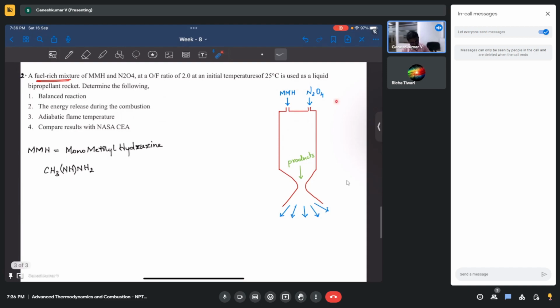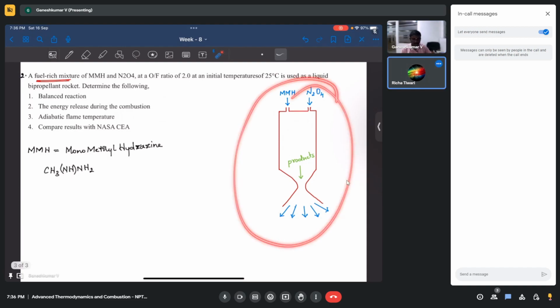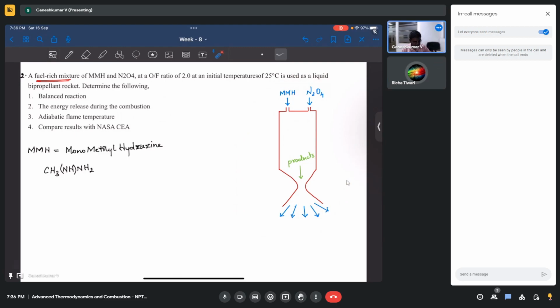I'll just draw a liquid rocket engine. There will be a fuel supply and an oxidizer supply, and they will be mixed inside the combustion chamber. It will be slanted so that both jets meet and form small droplets.